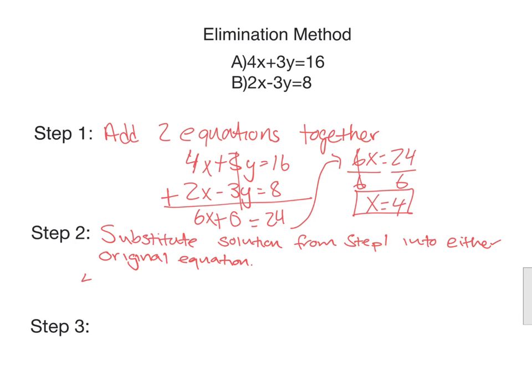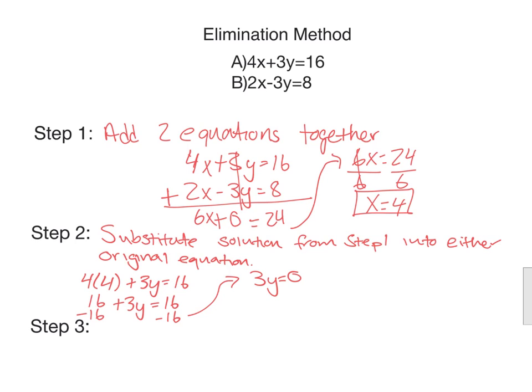So 4 times 4 plus 3y equals 16. Then I get 16 plus 3y equals 16. I want to get the y by itself, so I'm going to subtract 16 from both sides, which leaves me with 3y equals 0.